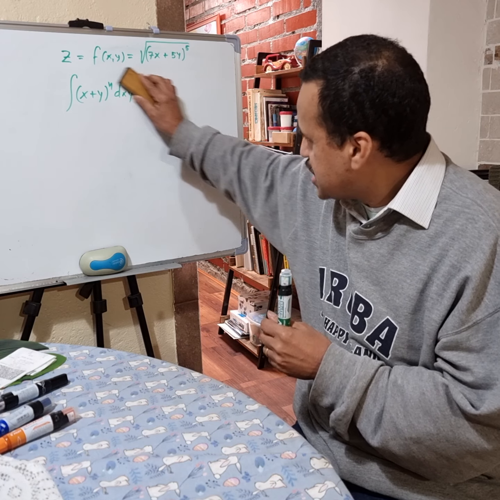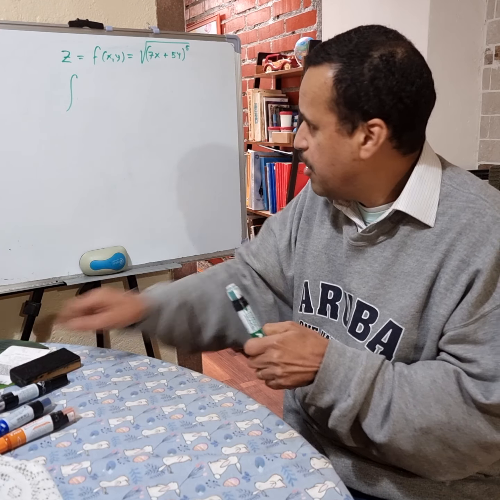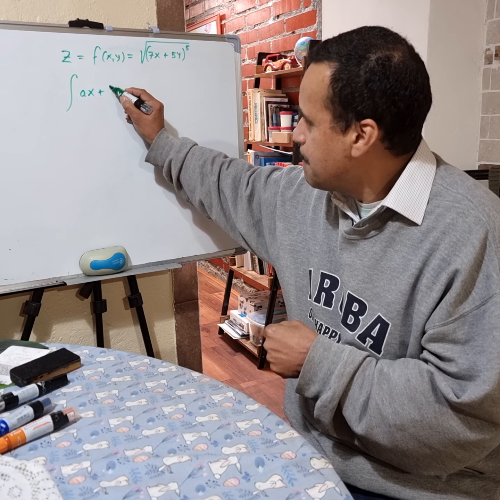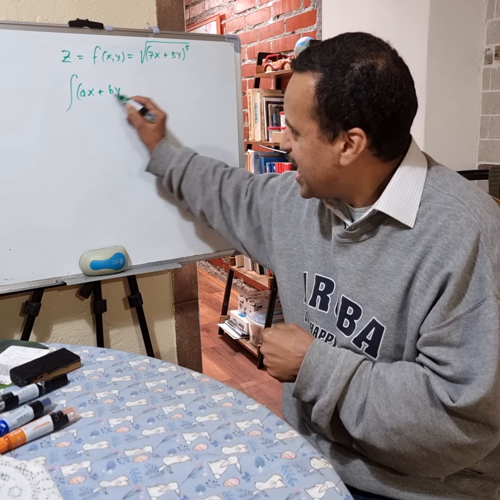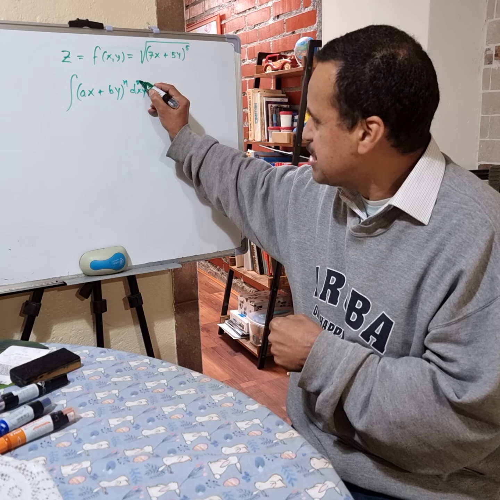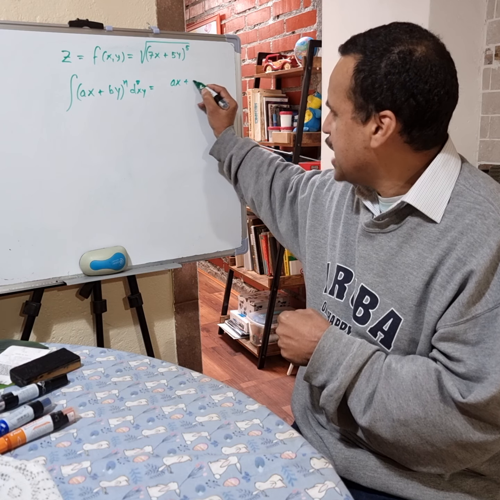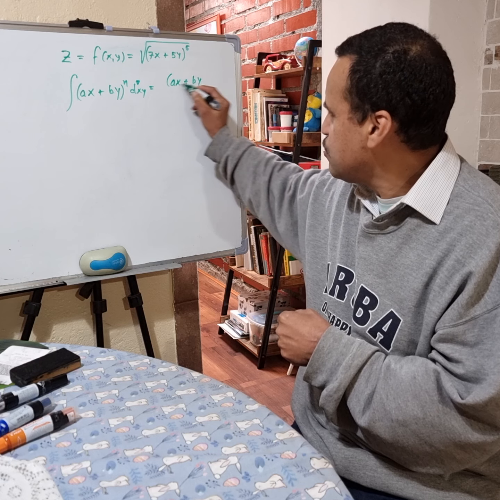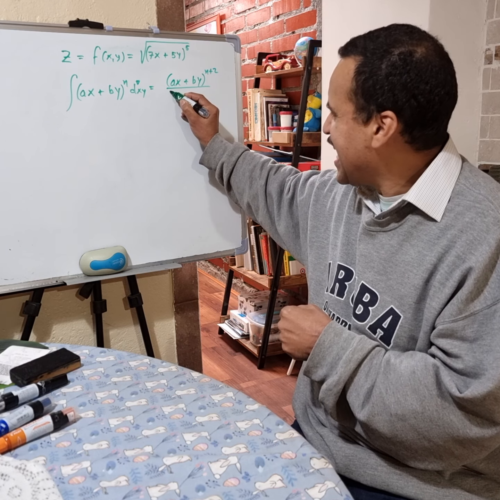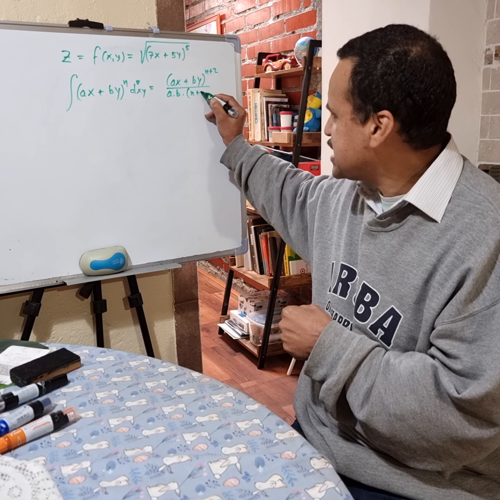That is to say, we have the integral of ax plus by to the n dxdy, triangular expansion, equals ax plus by to the n plus 2 divided by a times b times n plus 2.